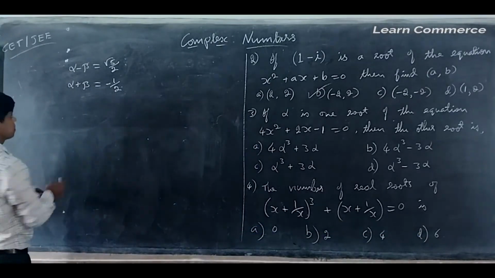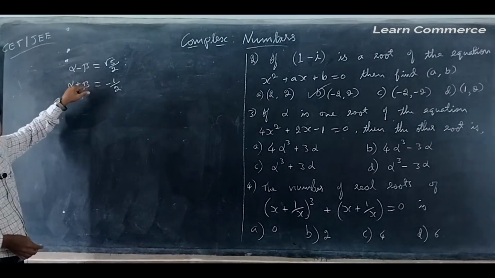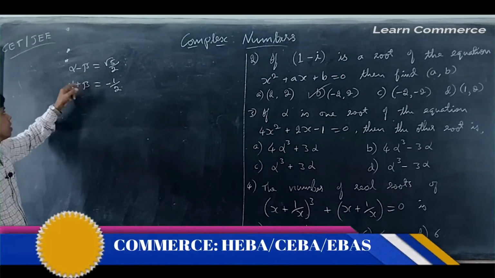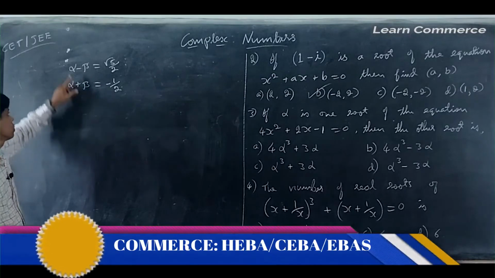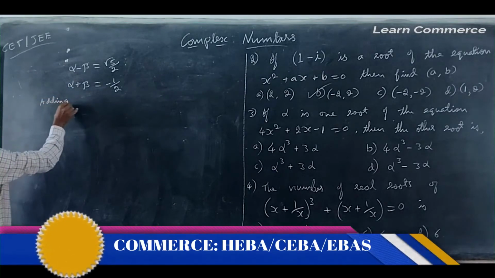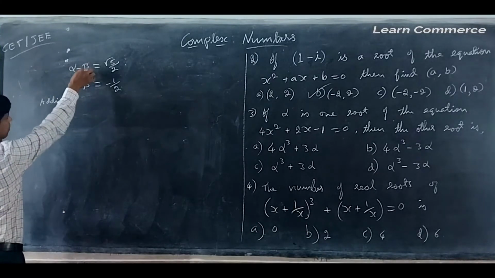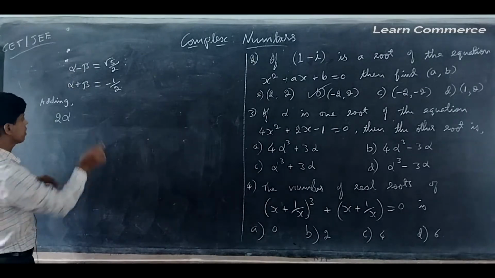Now see, how do I get alpha? I just have to add them. How do I get beta? I have to subtract them. If I add, what do I get? 2 alpha, as minus beta and plus beta cancel when adding, correct?